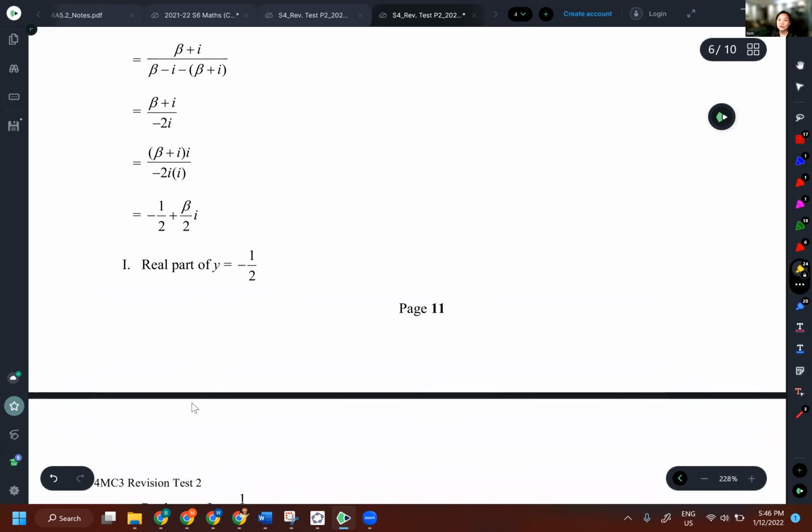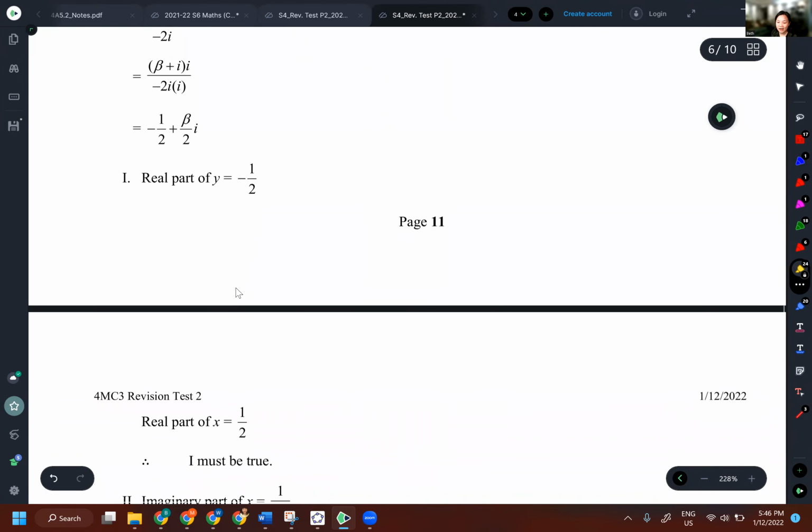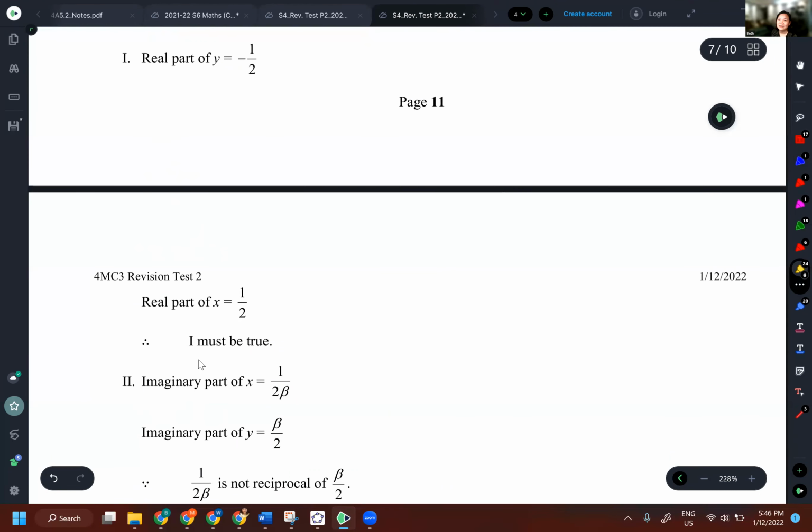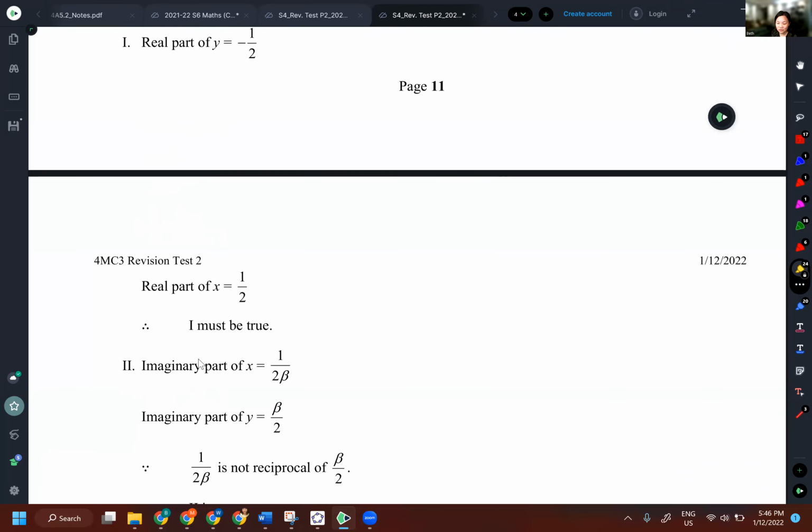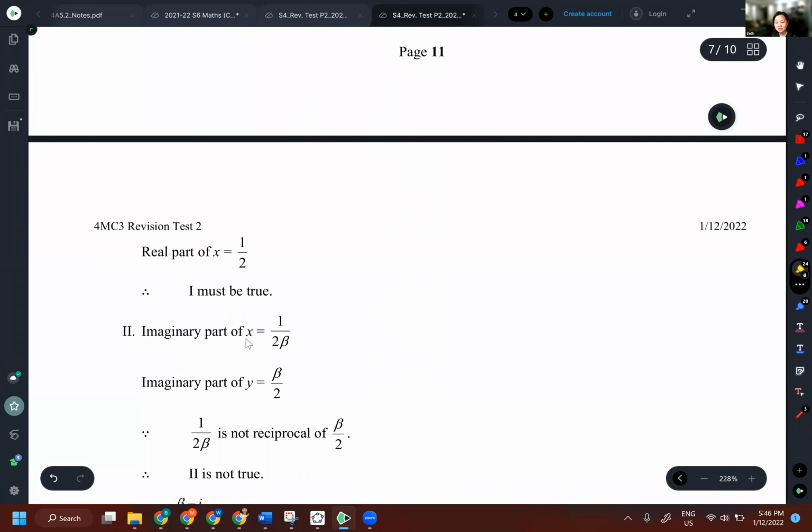So you will figure out, oh, the real part of Y and the real part of X, are they opposite? Because the statements say, are they opposite? Yes, they are. And also statement 2, imaginary part of X, imaginary part of Y. Are they reciprocal of each other? They're not. Reciprocal means their product equals 1. The reciprocal of 1 over 2 beta should be beta, not beta over 2.